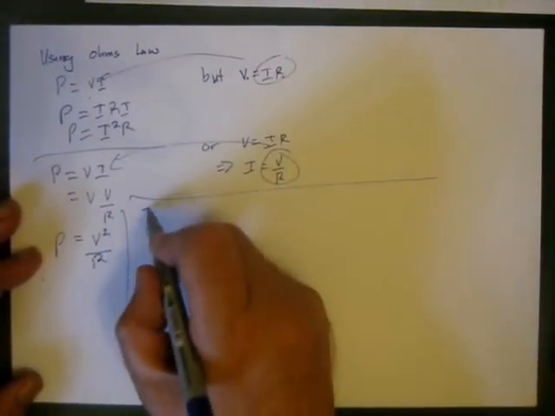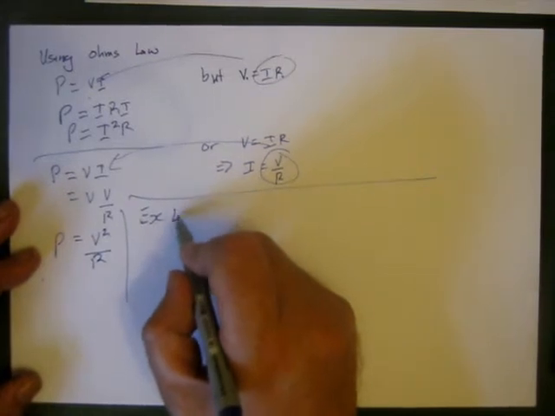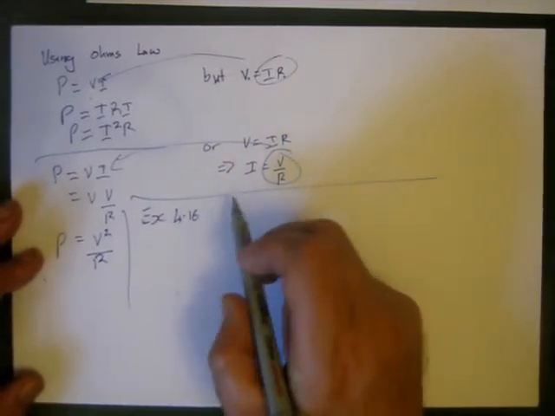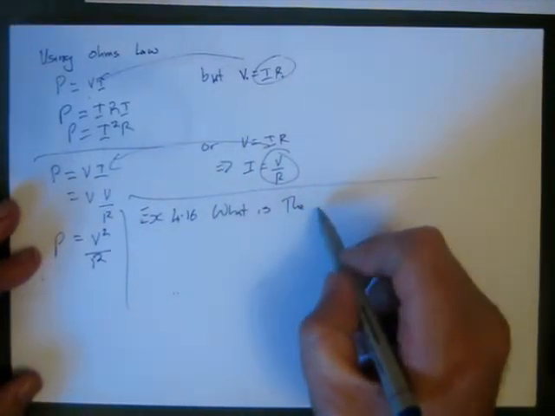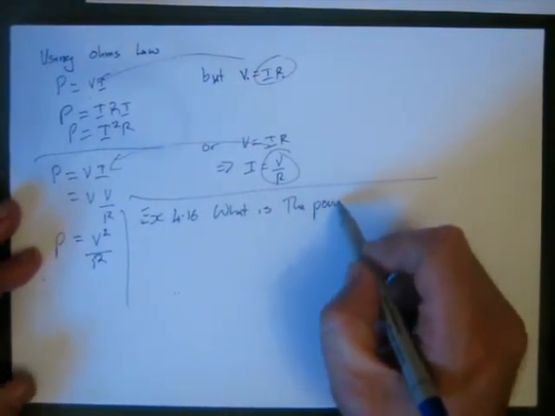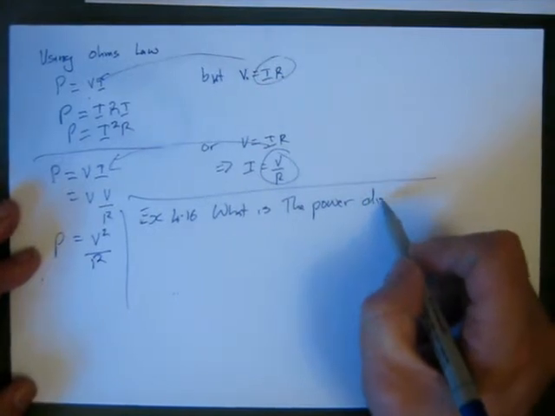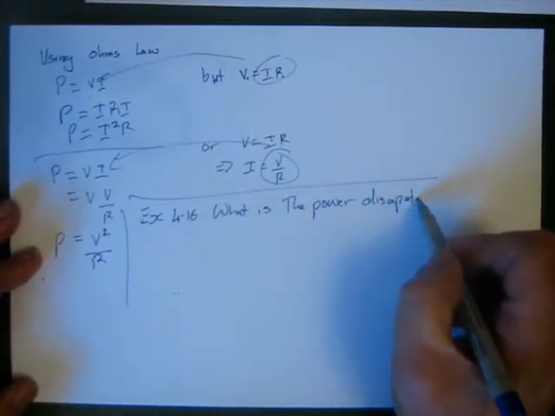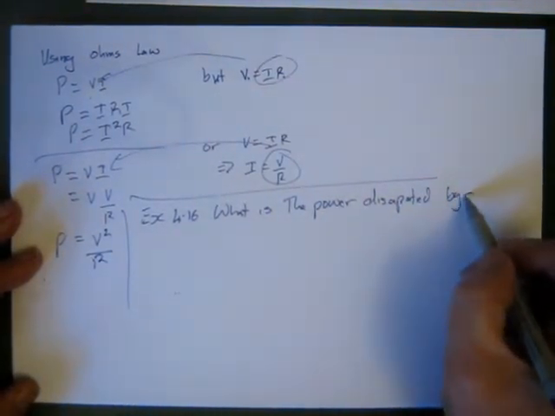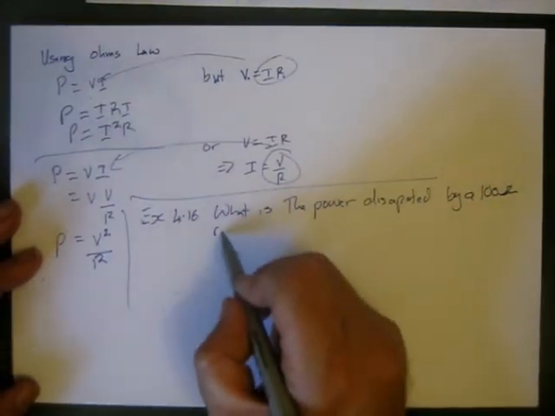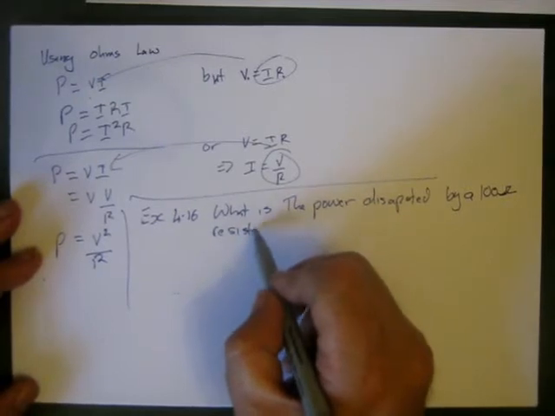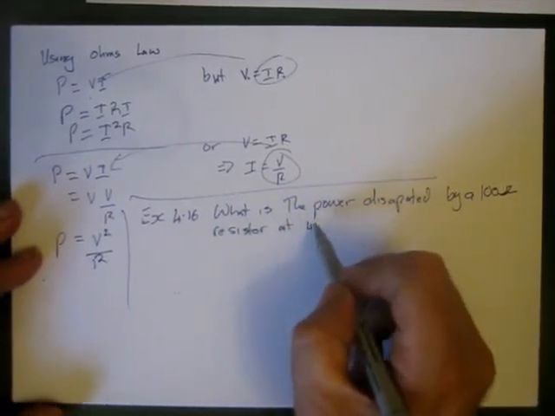Let's do it in exercise 4.16. What is the power dissipated by a 100 ohm resistor at 5 volts.